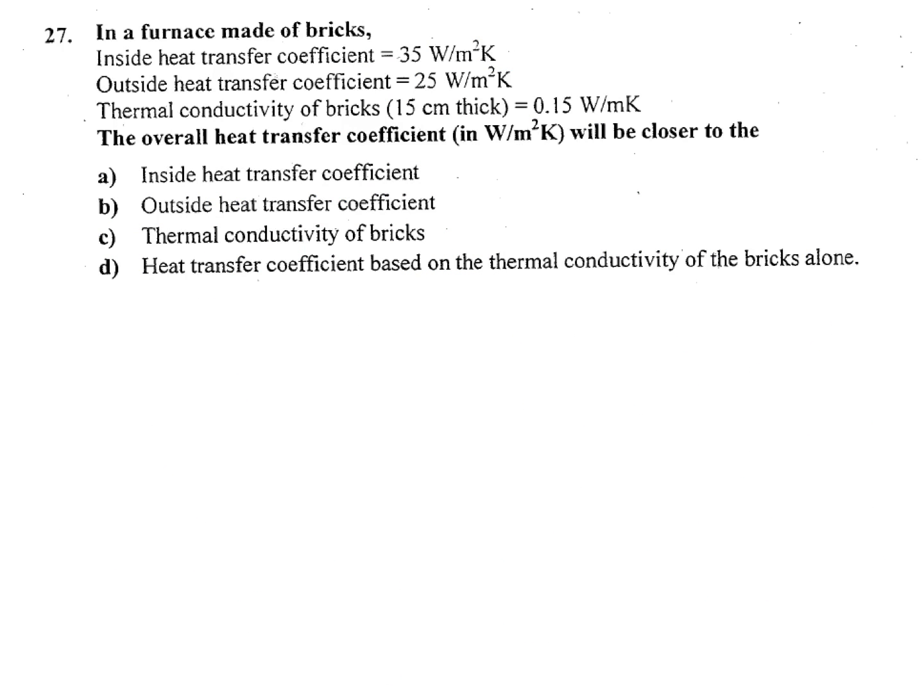Next, in a furnace made of bricks, inside heat transfer coefficient is 35 watt per meter square Kelvin. Outside heat transfer coefficient is 25 watt per meter square Kelvin. Thermal conductivity of bricks, 15 cm thickness, equal to 0.15 watt per meter Kelvin. The overall heat transfer coefficient in watt per meter square Kelvin will be closer to?